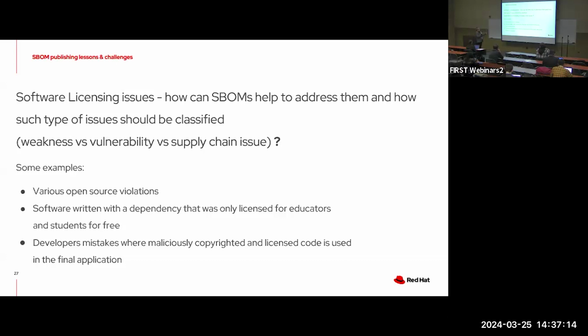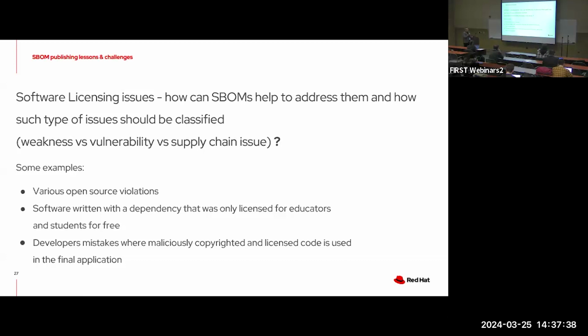Should we classify them as weaknesses, vulnerabilities, or maybe only some security supply chain issues? This is a serious problem. Right now, as part of the CWE program, we have a discussion on how to cover software licensing issues in the CWE program.